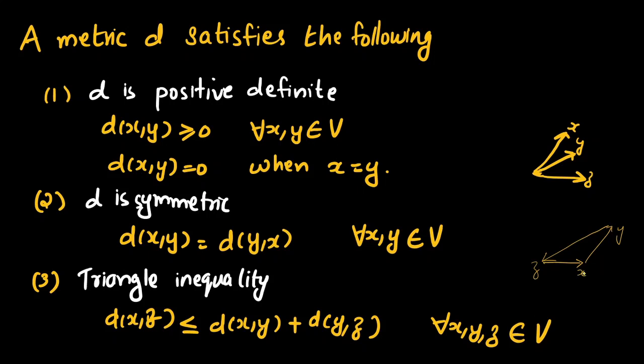The distance between x and y is this, this is d of x, y, and this is d of y, z, and the sum of these two should be greater than or equal to the third one, d of x, z. The triangle inequality says that the sum of two sides of a triangle is always greater than the third side.